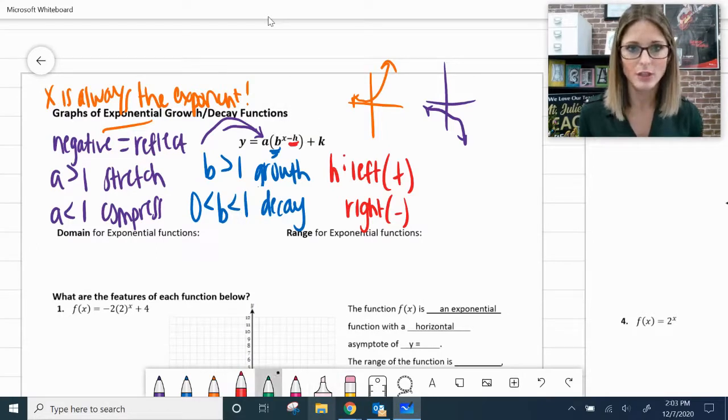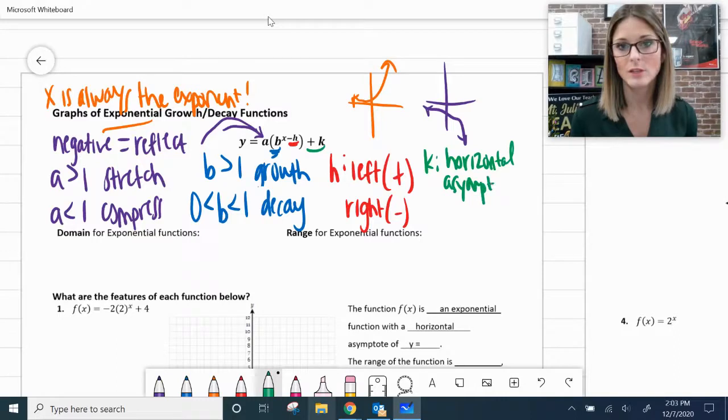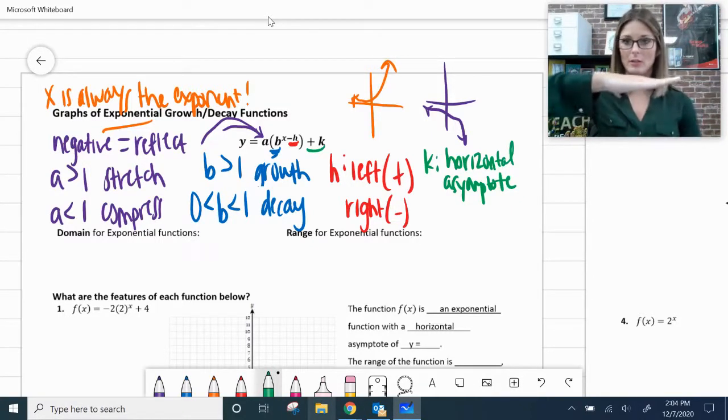Let's move on to k. Just like the other transformations, all of our function transformations really do translate across all of our functions. k is going to represent our horizontal asymptote. Some of you may have seen the word asymptote before. An asymptote is an invisible line, and looking at our exponential function, it's going to be horizontal.